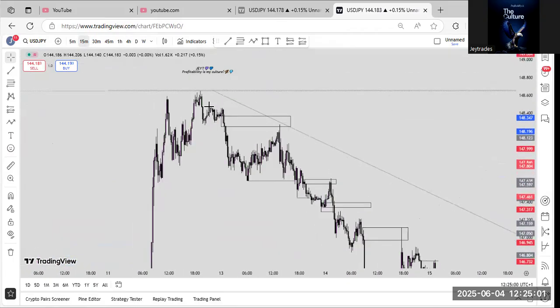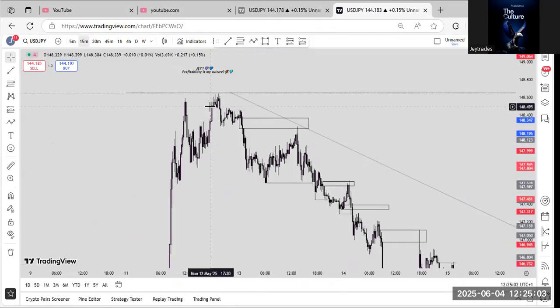You could see what literally happened here. You could see that price was uptrending. Price broke this high, came back to this low, went up, and what did price do? Price did something like this, and then broke this low.